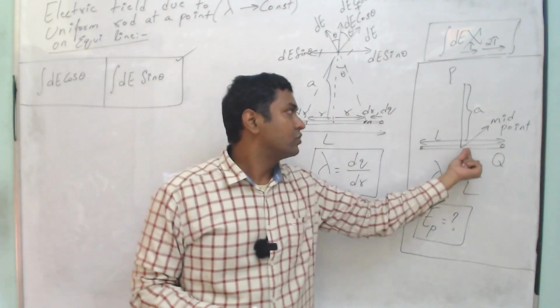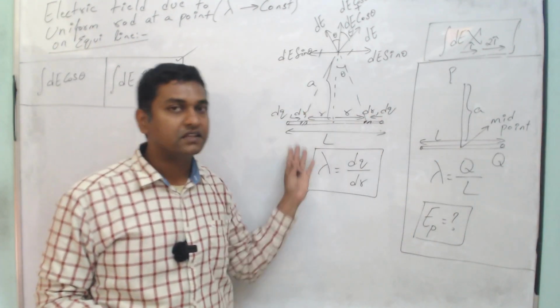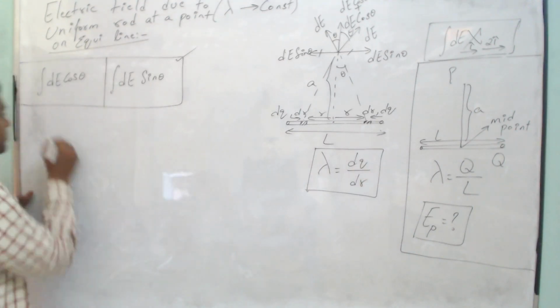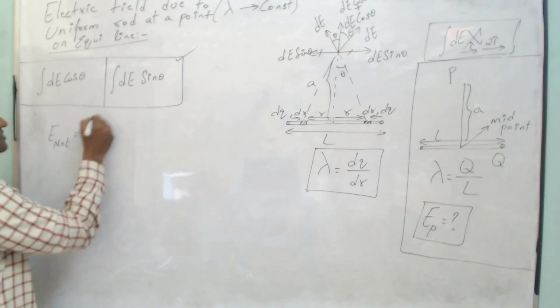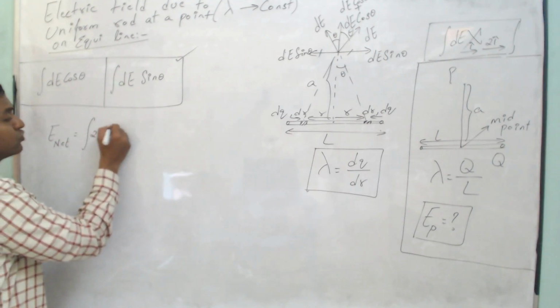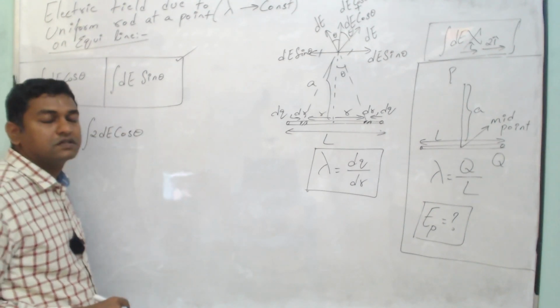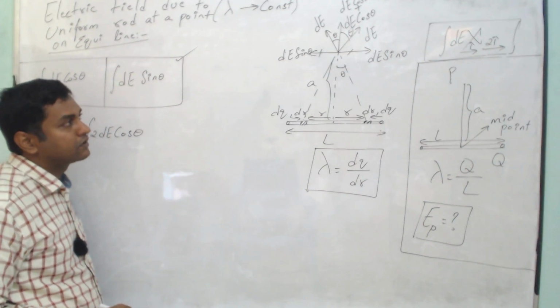For this particular case, my components of dE sin theta will cancel due to the symmetrical elements, and simply to get the net electric field magnitude, I just have to do the integral of 2 dE cos theta. Is this clear? Yes, sir. Understood? Yes, sir.